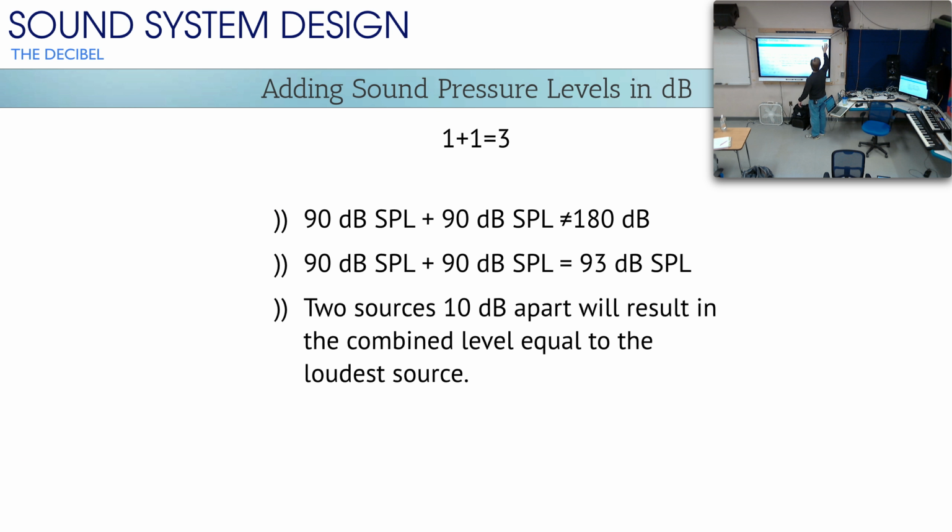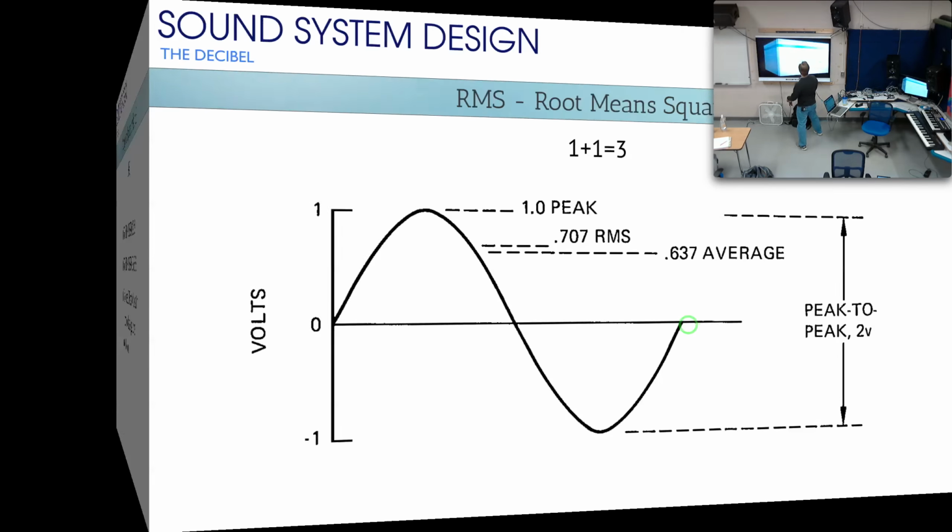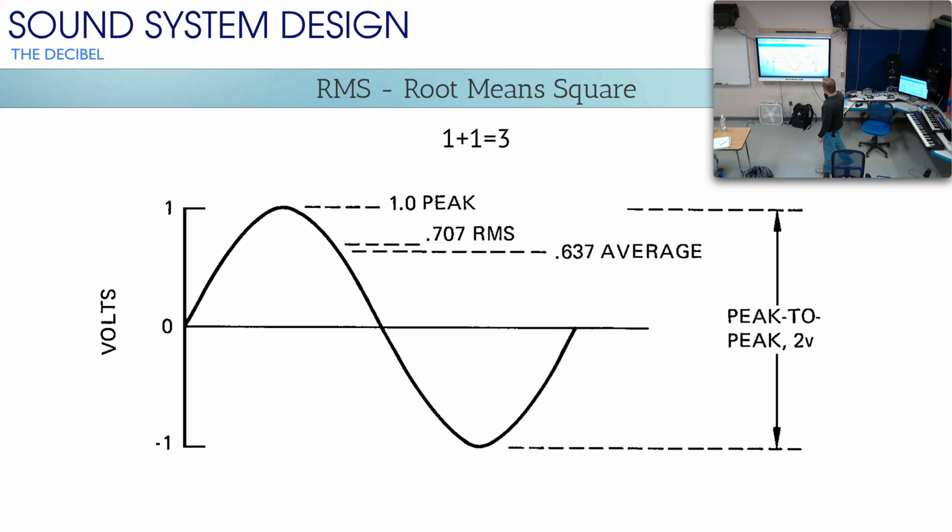Okay. Now there's another thing we need to understand about loudness, and it's this concept of RMS, root mean square. I don't want to get into the math of that. However, the thing you need to understand is, given this graph of, in this case, volts, but it could be sound pressure level, whatever, you would call this a 1 volt signal, because that's the value of the peak.